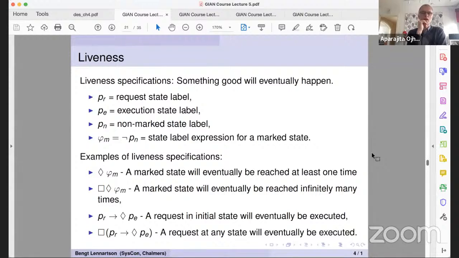Examples of some liveness specifications are: a marked state will eventually be reached at least one time. That is what is said here. Eventually, phi m. Always eventually specifies that a marked state will eventually be reached infinitely many times. So repeatedly, you will reach this marked state, which is, of course, a stronger condition than the first one, where it's enough that the marked state is reached one time.